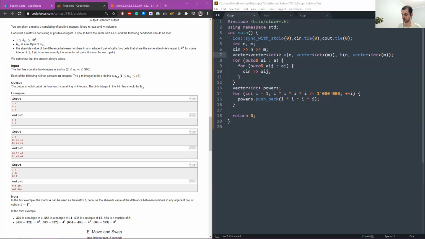Basically, you need B1, A1 plus or minus K1 to the fourth to happen to be equal to B2, A2 plus or minus second to the fourth.